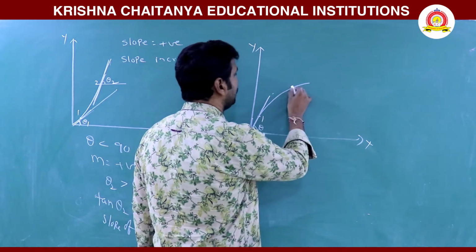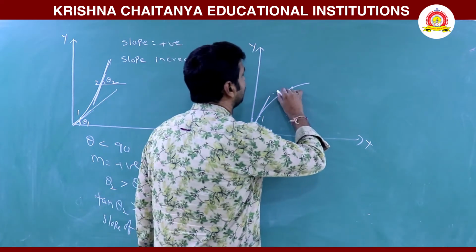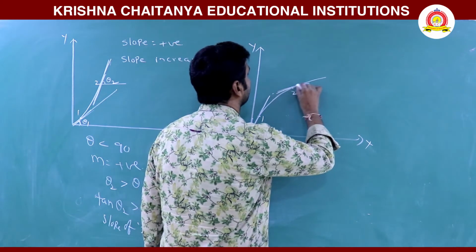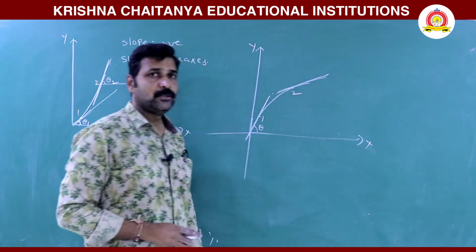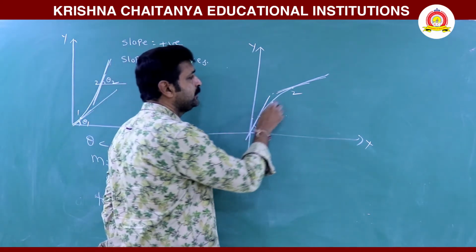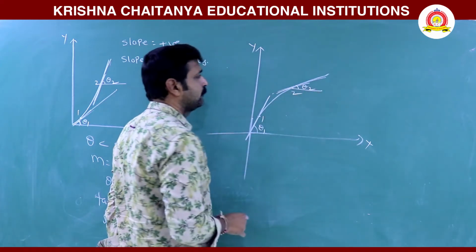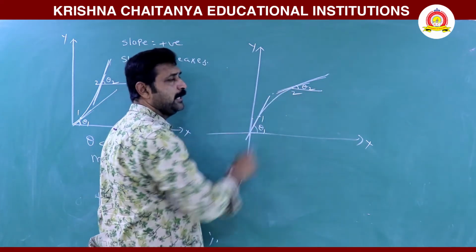Let this point be 1 and this be 2. This is theta 1 for this tangential line, and this is theta 2 for that tangential line.